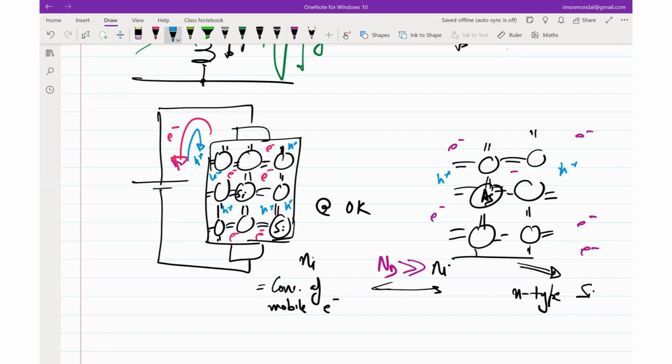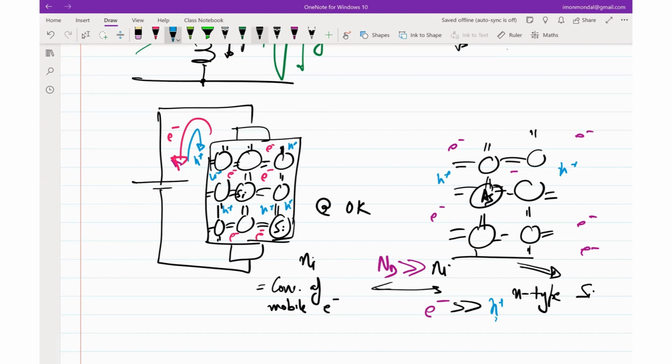Okay, let me ask you this now. When we say that the electron concentration here is much more than the hole concentration, obviously in this case the electron concentration will become much more than the hole concentration.